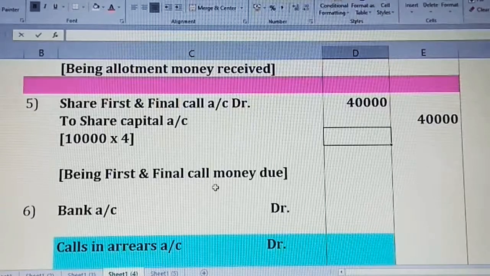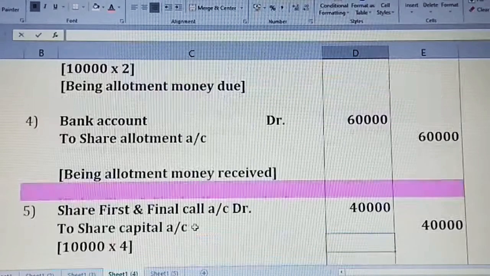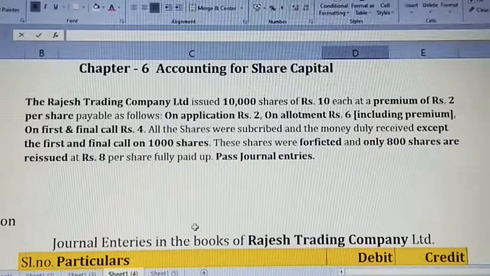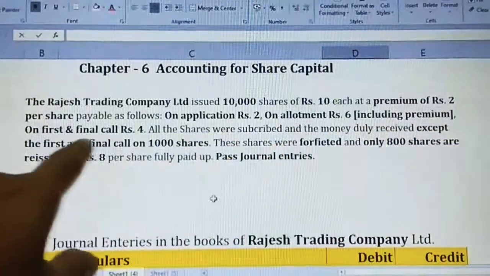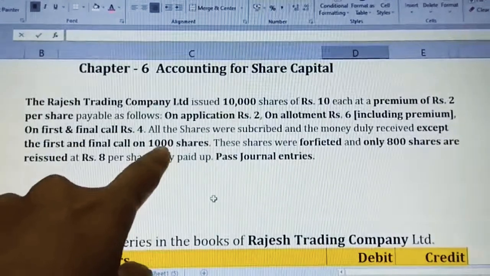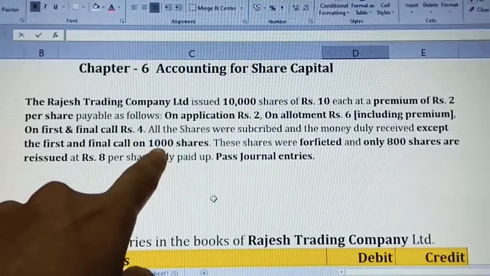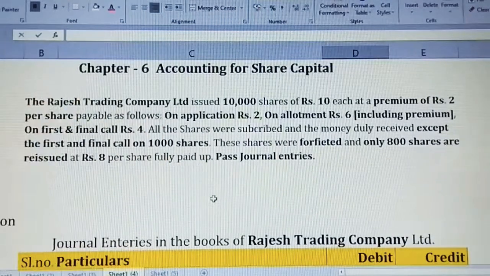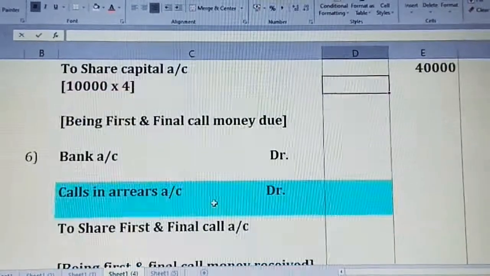Next step, observe. Moving on to the bank, that is the receipt entry of first and final call money. We have to check what was actually held on arrear, that is which was not received, 1,000 shares. So keep this in mind.